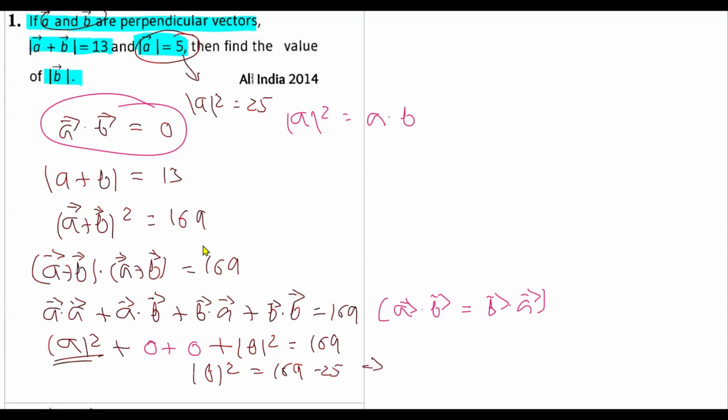That results in B magnitude square as 144. So B magnitude comes out to be 12, and not plus minus 12, as we are looking for its magnitude, and magnitude is always positive.